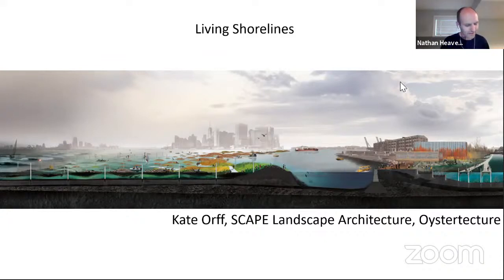The context may be different, and the approaches may be different. The big term here is this idea of a living shoreline, that we should be thinking about not making inert walls and systems that eventually will break, but actually using what are called nature-based strategies to reshape our coastlines.